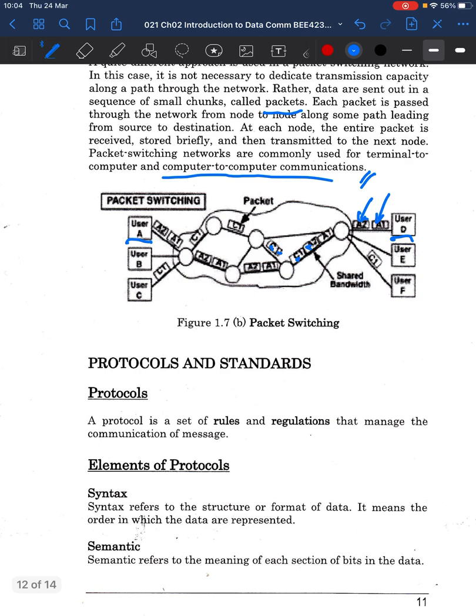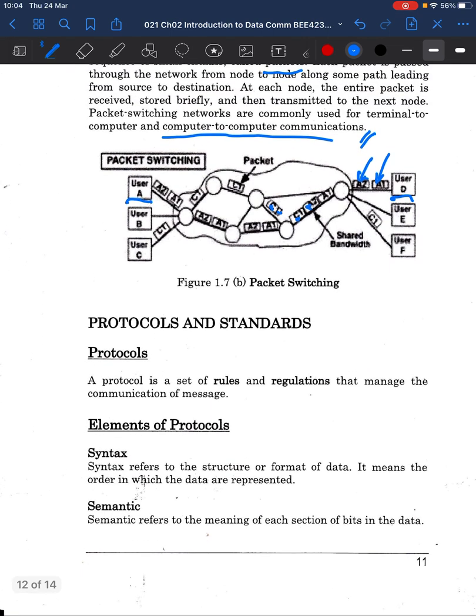Okay, the next topic is protocols and standards. A protocol is a set of rules and regulations used to manage the communication of messages.